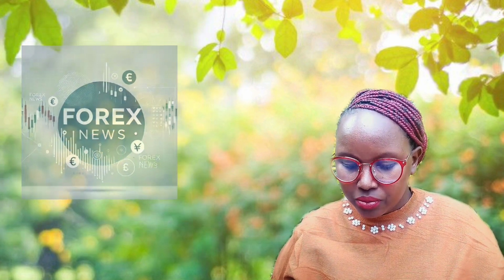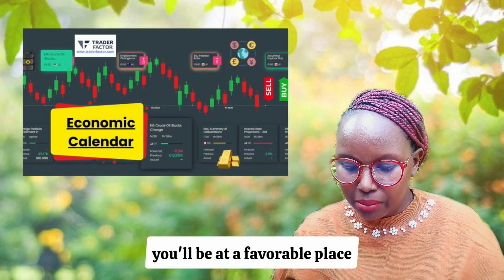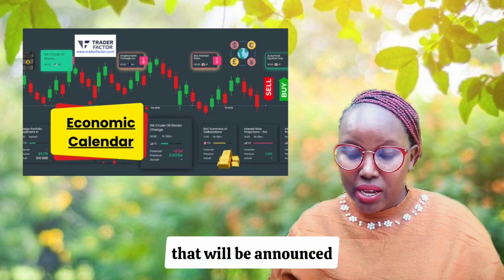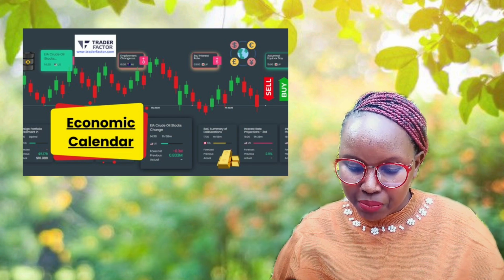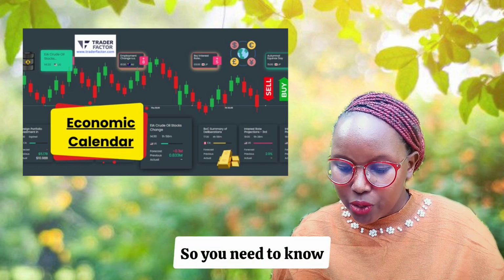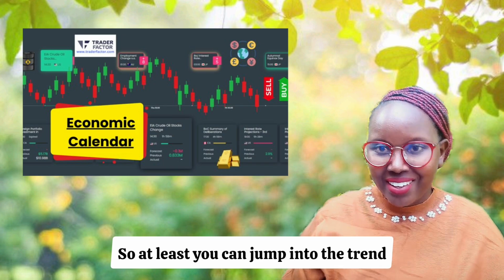If you'd like to trade the news using the economic calendar, you'll be able to know the major financial news events that will be announced, or those that are upcoming. The events can cause big moves in the Forex market, so you need to know when they are happening, so at least you can jump into the trend.